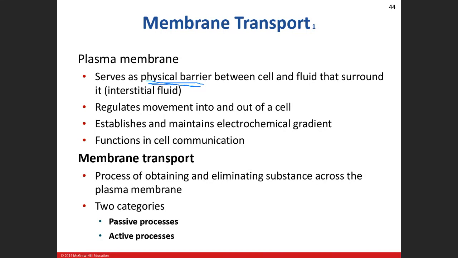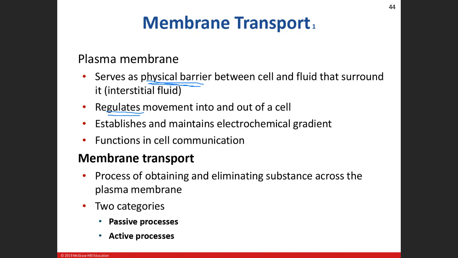It's a physical barrier between the external cell environment, what we know as the interstitial fluid or space, also called the extracellular space, and the internal environment, where the cytoplasm and cytosol are, or the intracellular space, meaning within. A couple terms there. So again, it regulates what comes in and out.